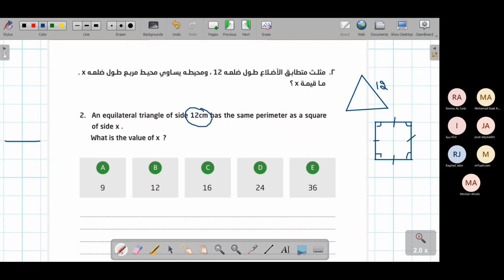We can also talk about the two diagonals of the square, the first one and the second one.